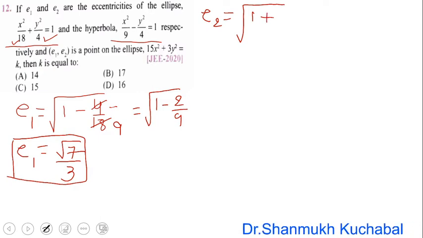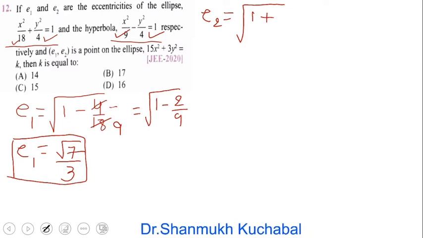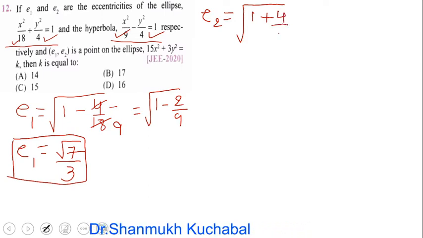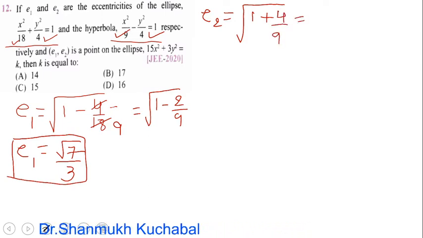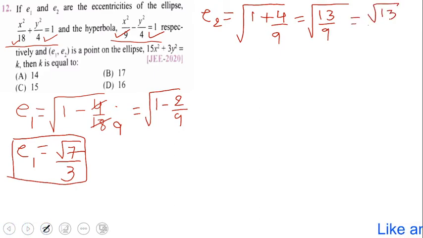So b square is 4, a square is 9, so we get 4 by 9. Then we take the LCM. So 9 plus 4, 13 divided by 9. So we get root 13 divided by root 9, which is 3 here. So we get the eccentricity E2.